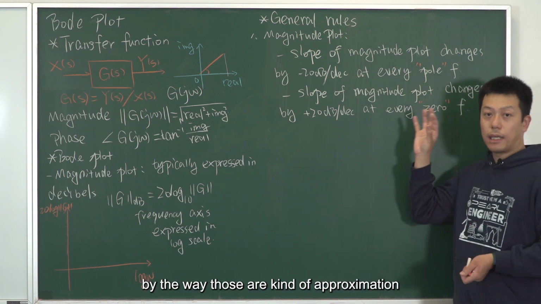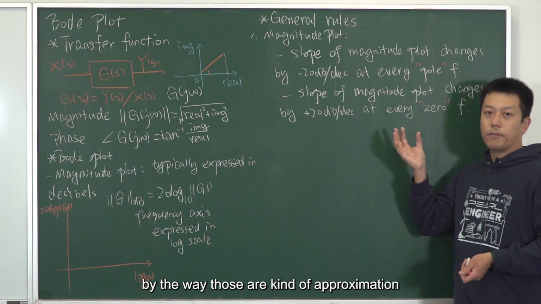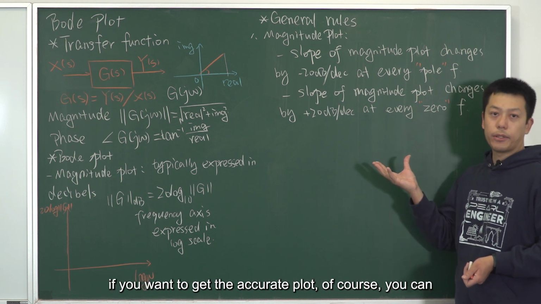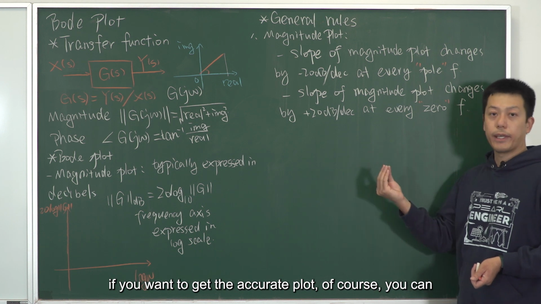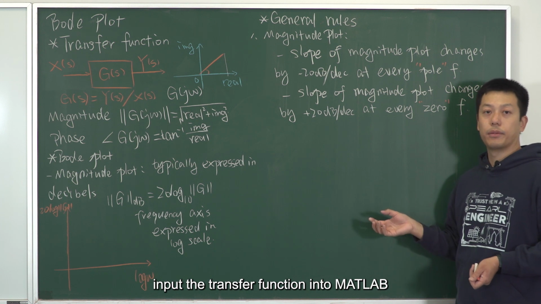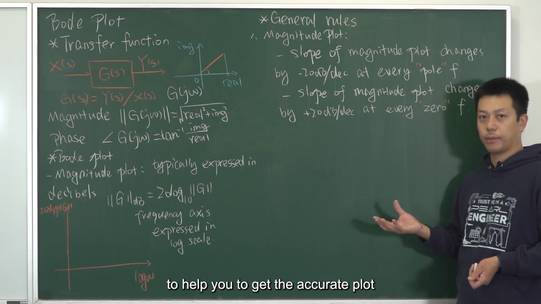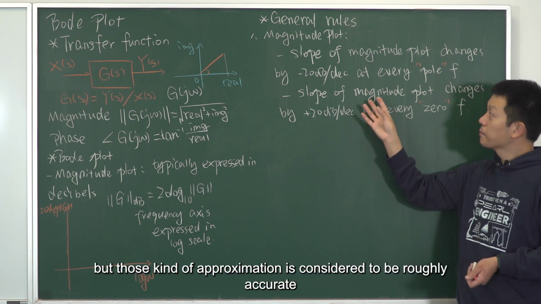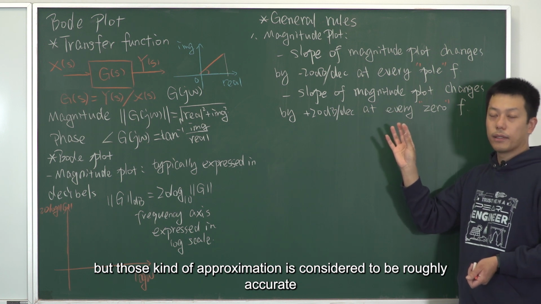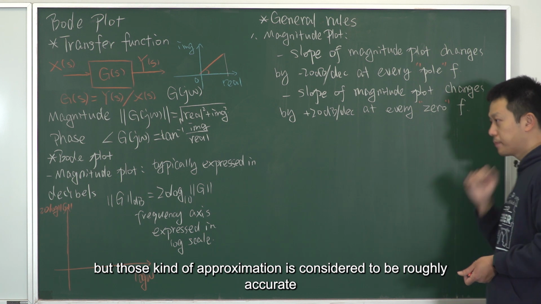By the way, those are approximations. If you want an accurate plot, you can input the transfer function into MATLAB. But this kind of approximation is considered roughly accurate, okay?